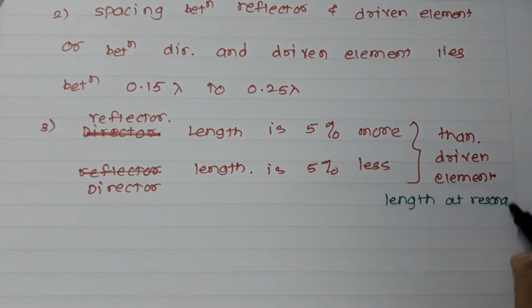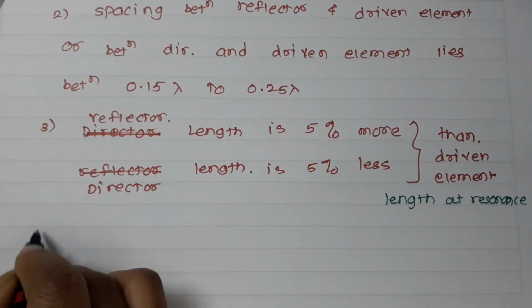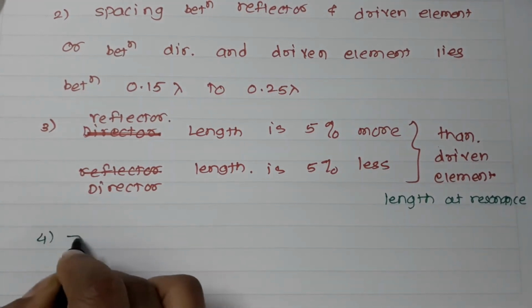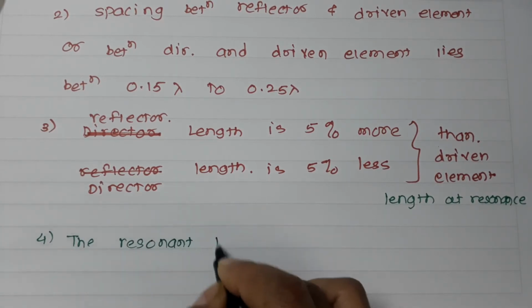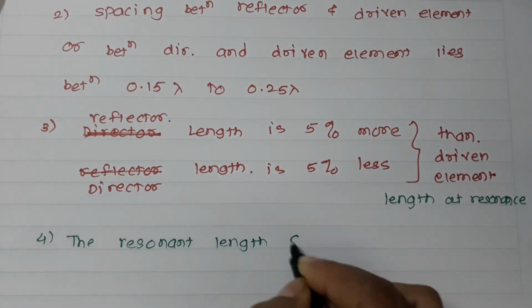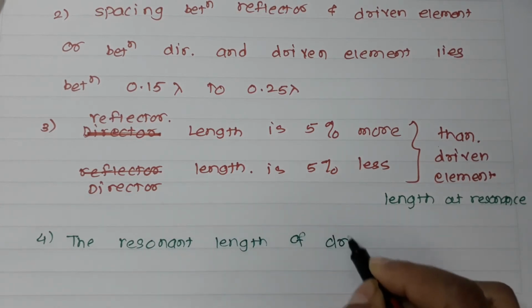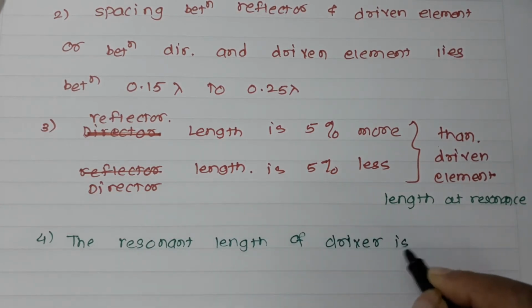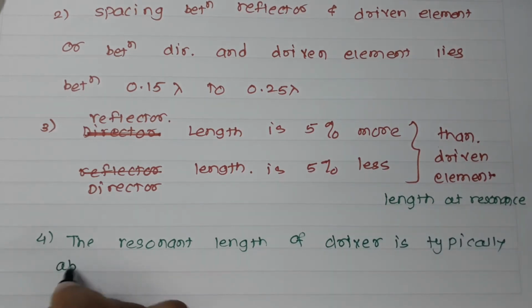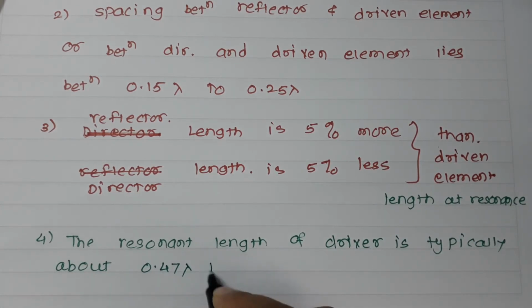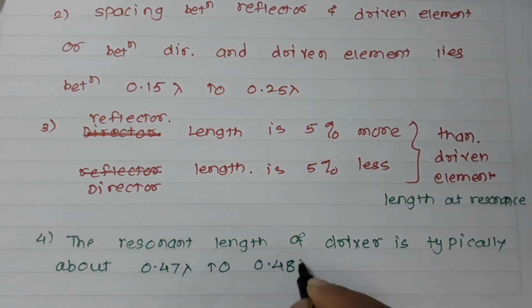So now let us talk about the resonance length also. The resonance length of the driver element is typically about 0.47 lambda to 0.48 lambda.